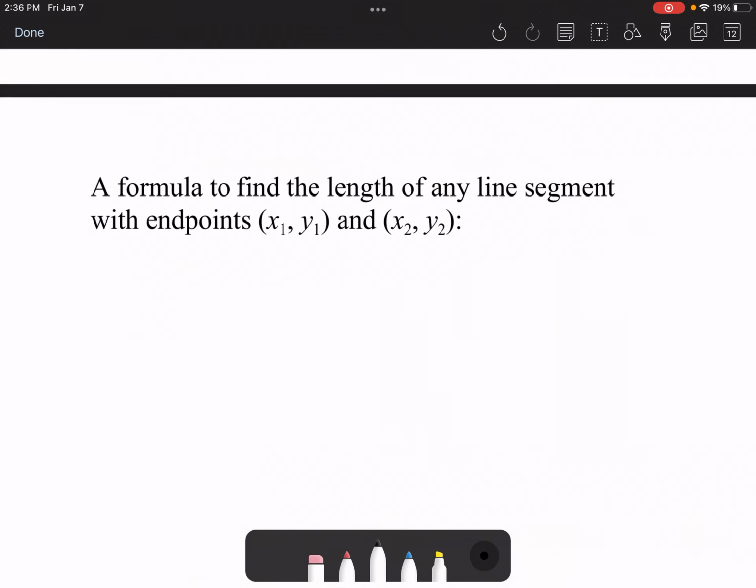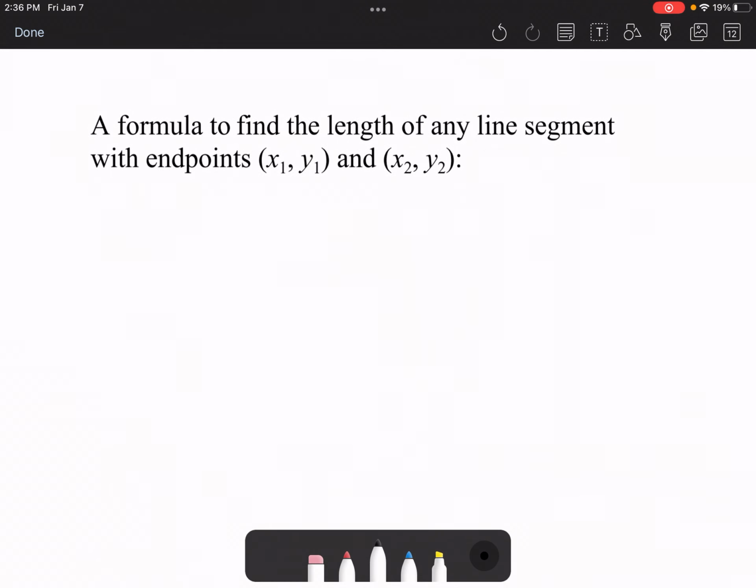Okay, so moving right along. If we ever wanted to find out the length of a line segment, it's actually an expression of the Pythagorean theorem. You have to find the distance between x1 and x2, and also the distance between y1 and y2. Because it's similar to finding distances vertically and horizontally, we commonly use x2 minus x1 and y2 minus y1.